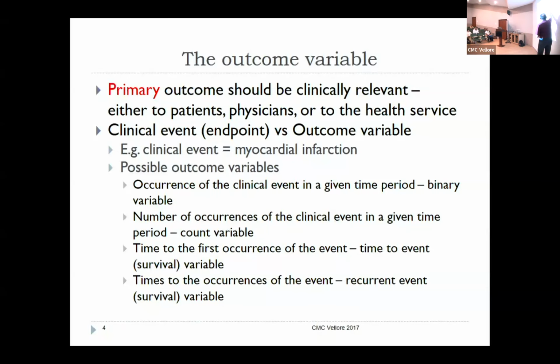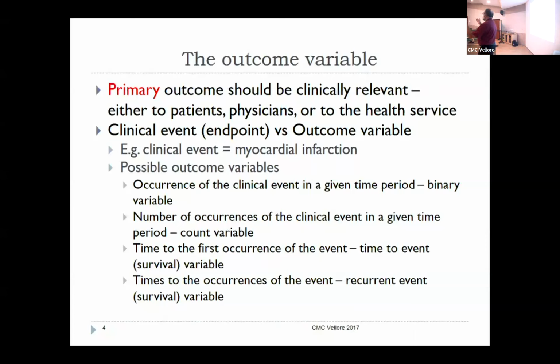So now I have the heart attack, and I could study whether it occurs or not in a given time period, the number of occurrences in a given time period, or the time to the first occurrence of a heart attack, or actually, if it's something that can recur, like the diarrheal episodes, or multiple minor strokes, or multiple minor heart attacks, or multiple hospitalizations for heart failure, then I have recurrent events, and I can have now even more complicated ones. I'm still looking at heart failure hospitalization as my outcome.